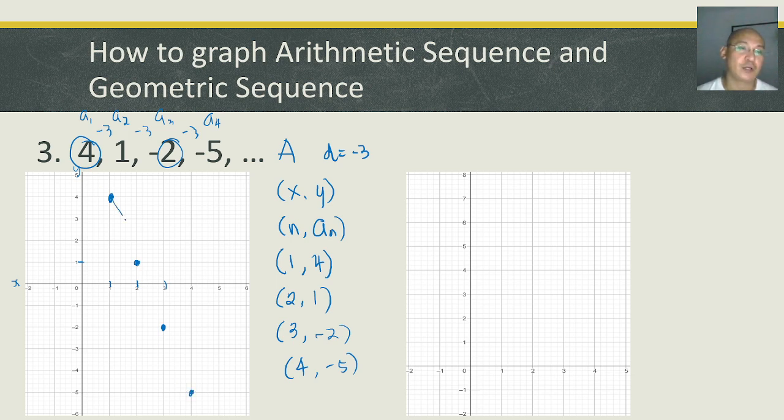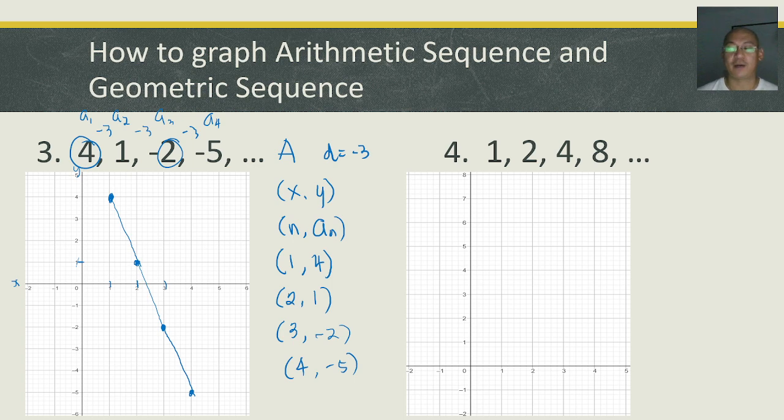So let us observe that. Let us do a straight line. A straight line it is. Okay. And there. It is a linear graph as it is an arithmetic sequence.